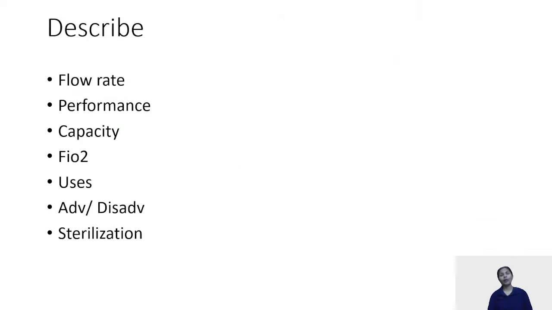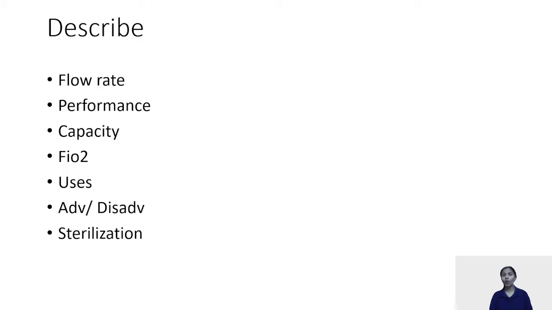Now the description. One by one, I'll be coming to the oxygen therapy devices, and these are the headings under which we'll be studying those devices. First of all, I'll tell you about the FiO2 that the device will be able to deliver. Then what kind of device it is: low flow or high flow. What kind of dependency it has.